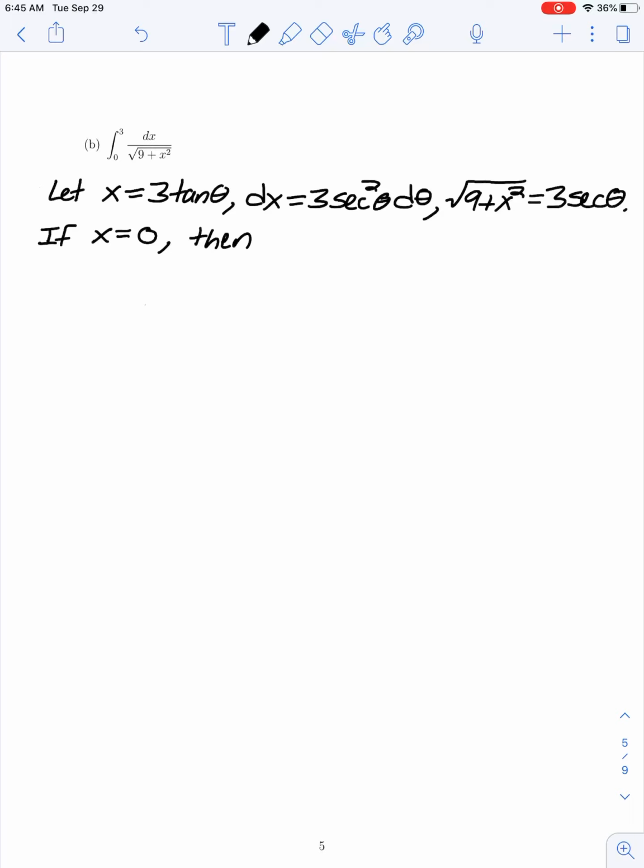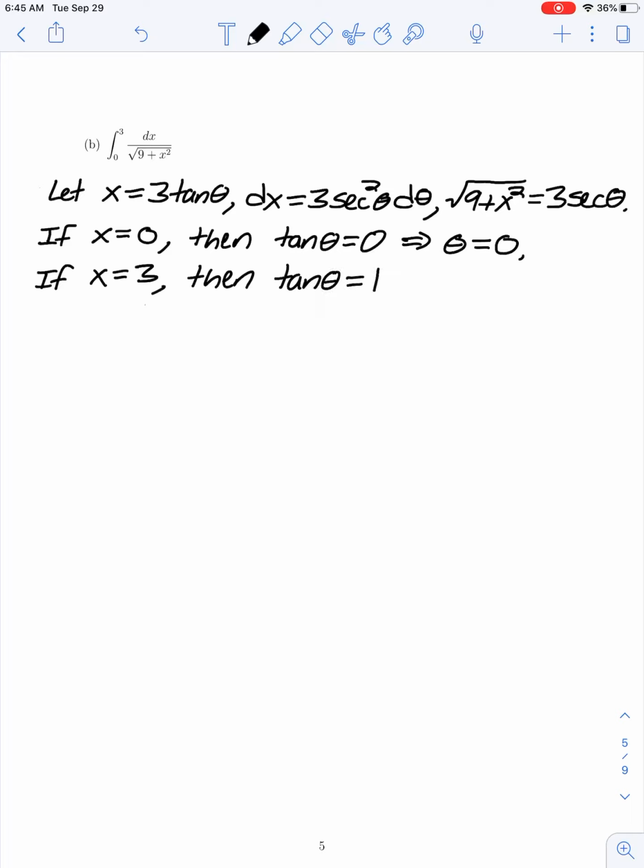So if x is 0, that means that tangent theta would have to be 0, which means that theta would be 0. And looking at our upper limit of integration, if x is equal to 3, then substituting x equals 3 into the equation for our substitution, we have 3 equals 3 tangent theta, or tangent theta is equal to 1, which implies that theta would be pi over 4.